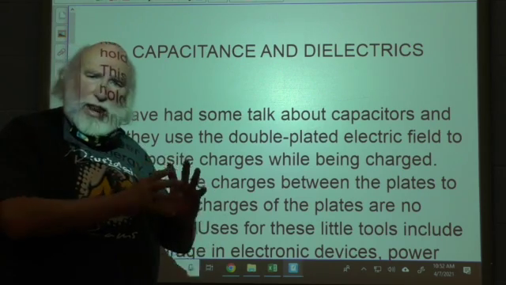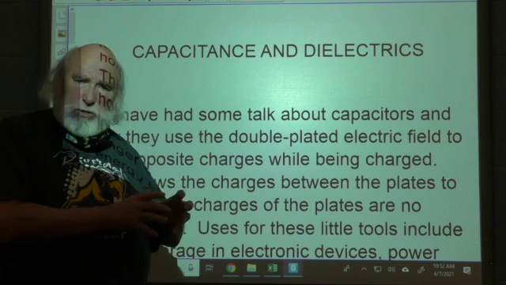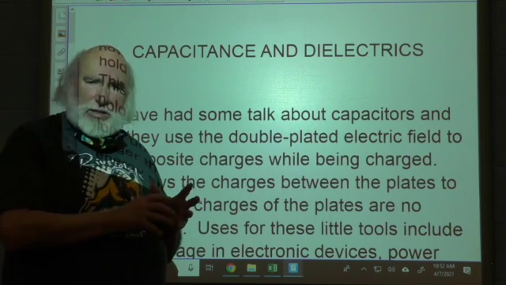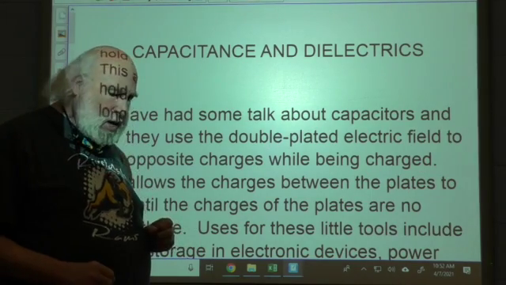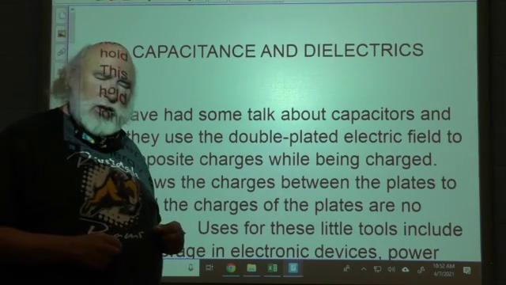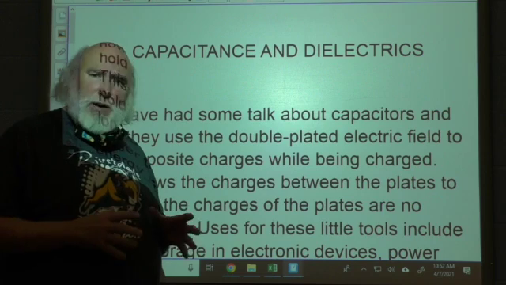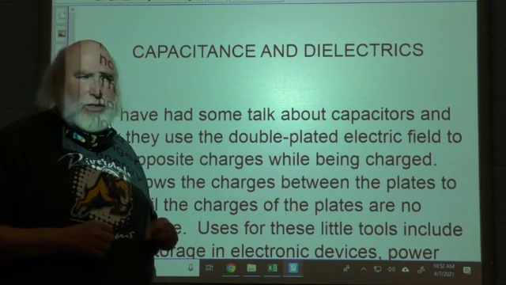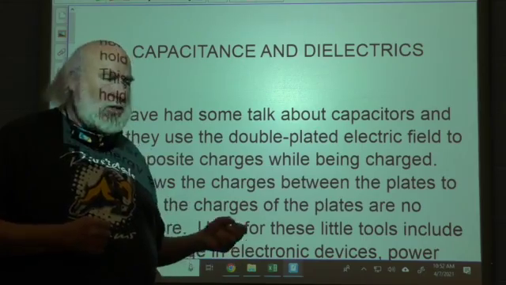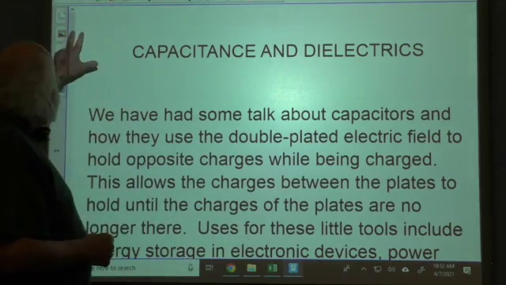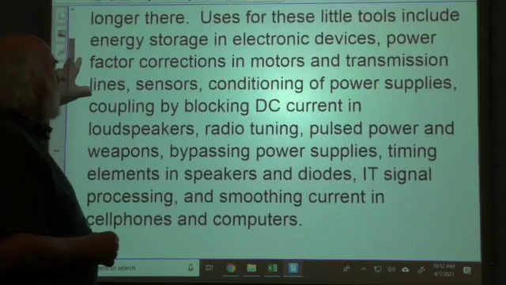So the static electricity in that electric field between the two plates, and usually they're just rectangular plates, stay for a while to allow, in case it needs to be restarted or it has another function attached to it. I put some examples on here of how we use these things.